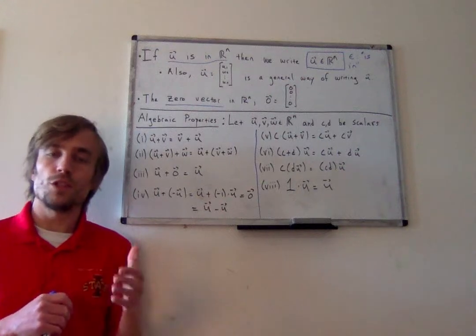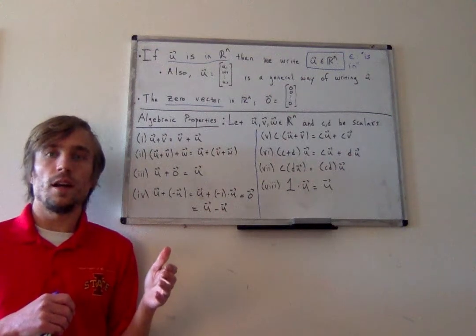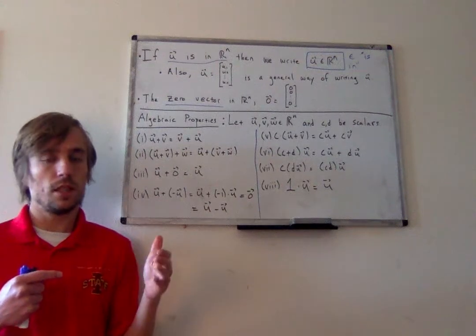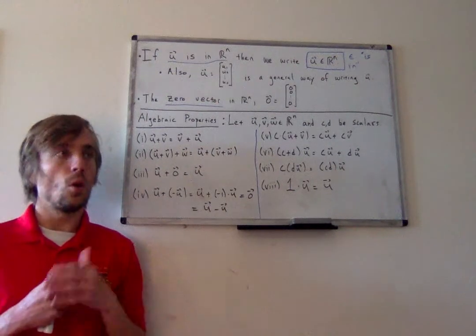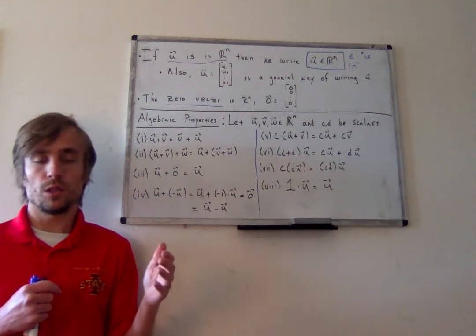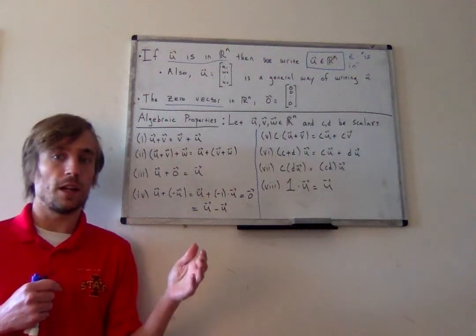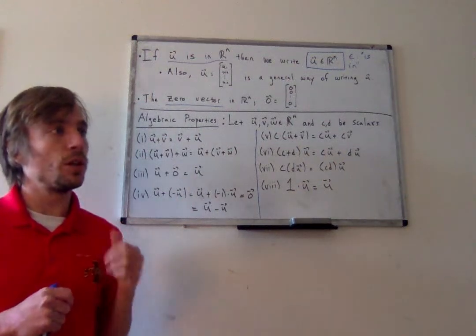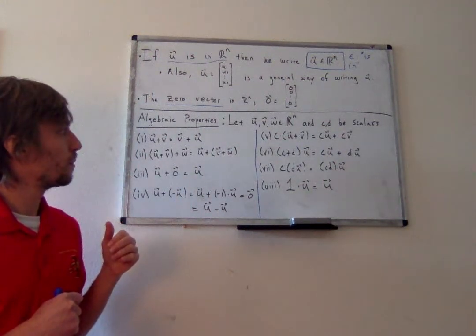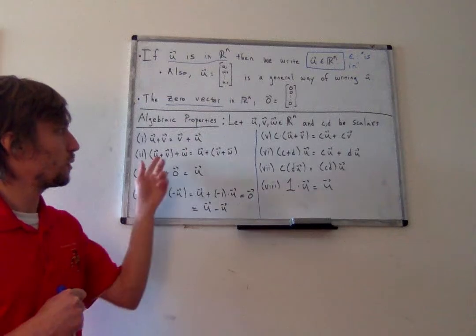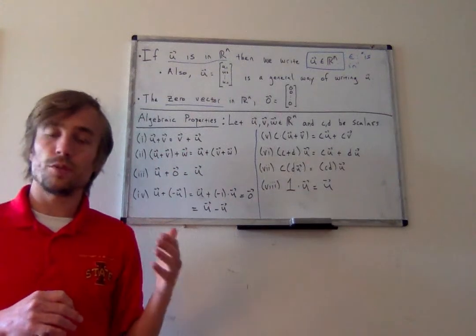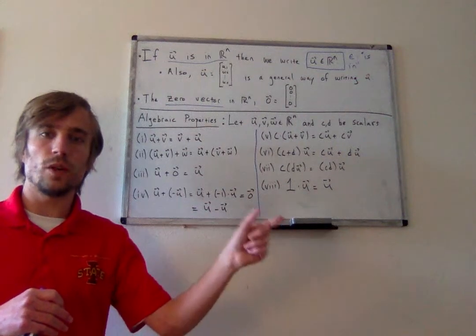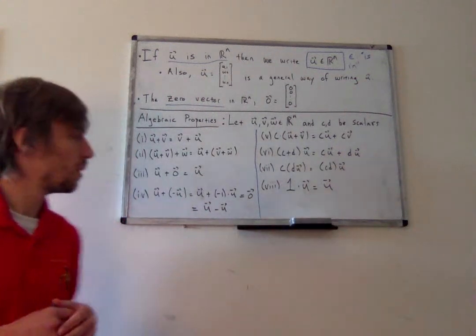If I have 1 plus 2 plus 3, right, I could do 1 plus 2 is equal to 3 and say, well, 1 plus 2 plus 3 is equal to 3 plus 3. Or I could do 1 plus 2 plus 3 is equal to 1 plus 5. And so notice that would mirror what's going on here, that if I'm adding three things together, I can add the first two together and then add it to the last, or add the last two and then add it to the first.